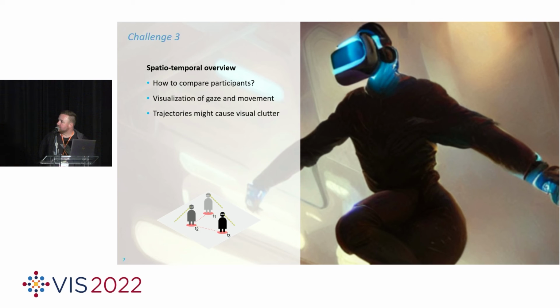We have a participant moving through some spatial context. Over time, we have trajectories from the person and also trajectories from their eye movements. So these are two types of trajectories that come together here. And the spatial context together, that might lead to visual clutter very fast if you have 10 or 20 participants you want to compare here.